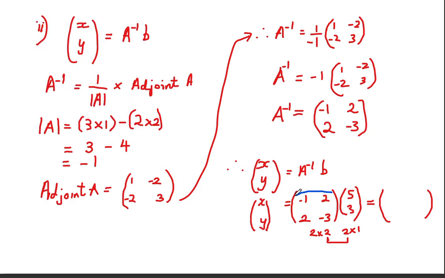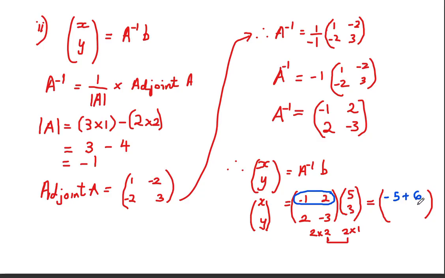So I'm going to do the first row in the first matrix by the column here. It's going to be negative 1 multiplied by 5, which is going to give us negative 5. And then 2 multiplied by 3, which is going to give us positive 6.